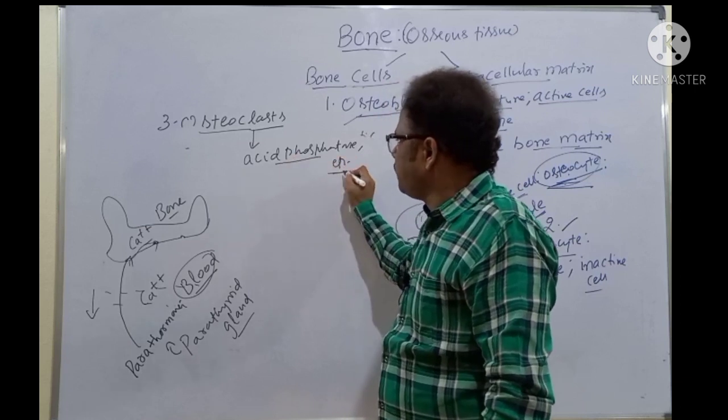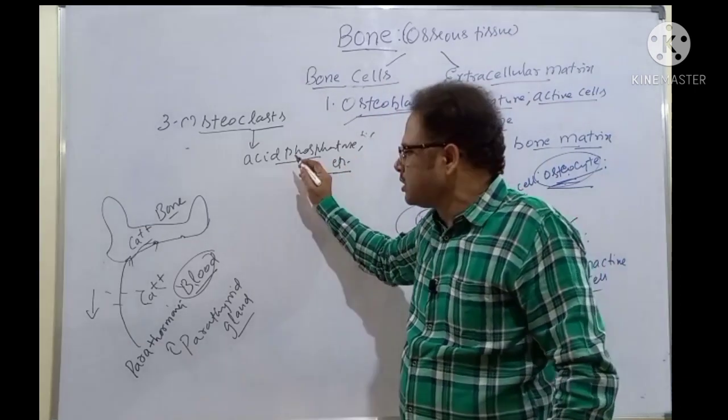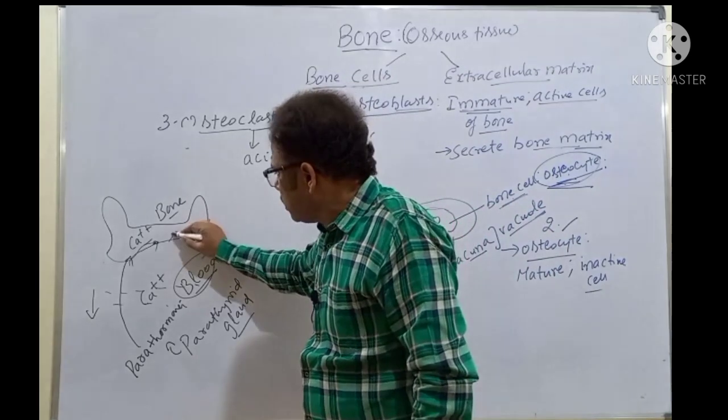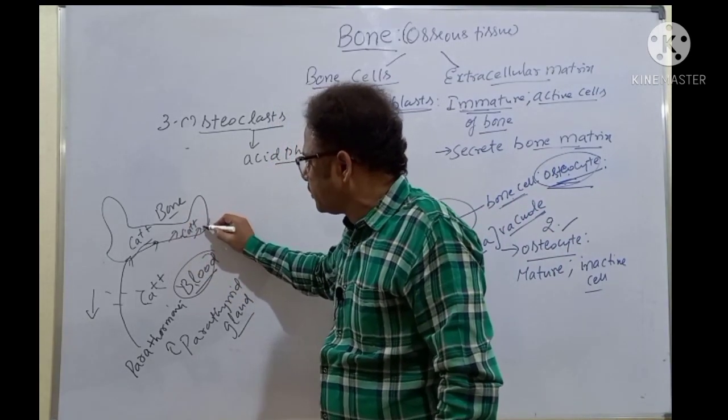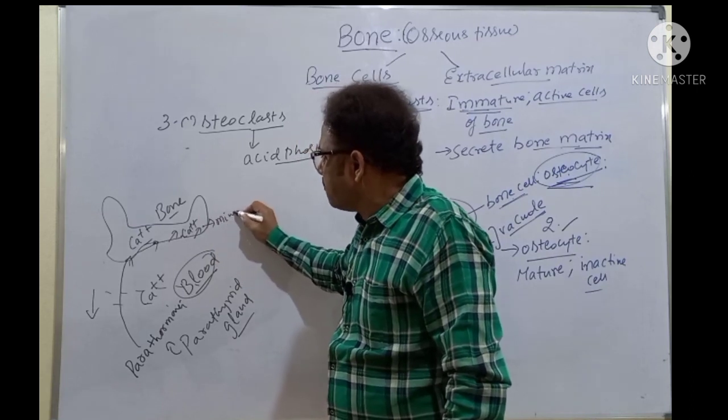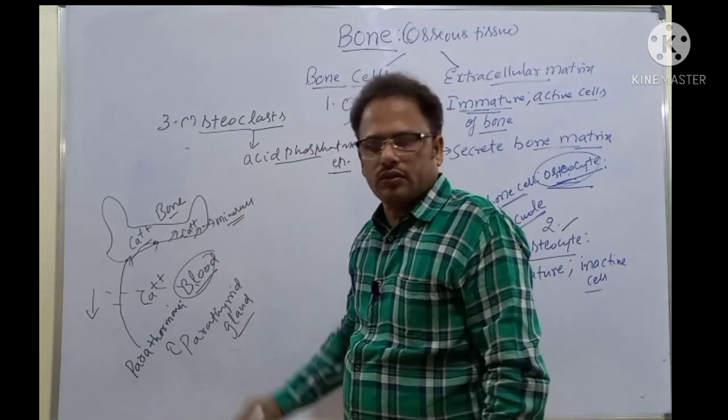What's the function of this acid phosphatase and the host of other enzymes? They will dissolve the calcium and other minerals of the bone. They dissolve the different minerals of the bone.